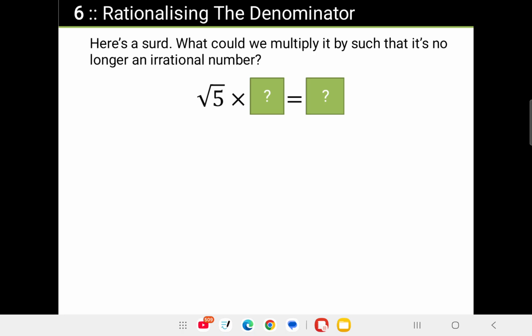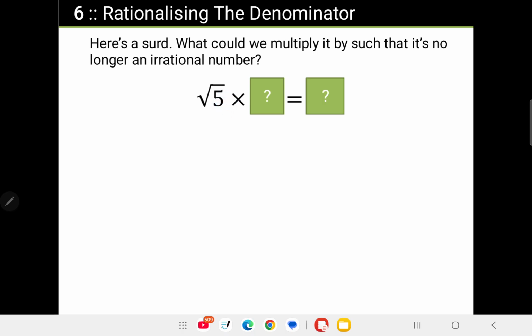Okay, so the next section is rationalizing the denominators. So here's a surd. What could we multiply it by such that it's no longer an irrational number? So under the root, if you have a number which is not a square number, that means it's irrational.